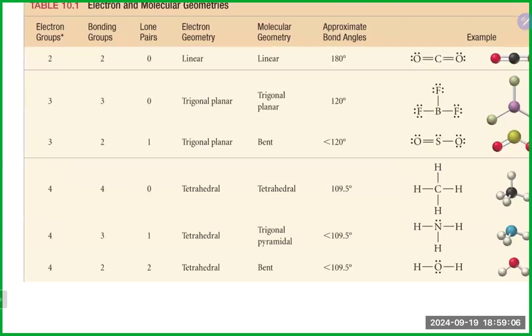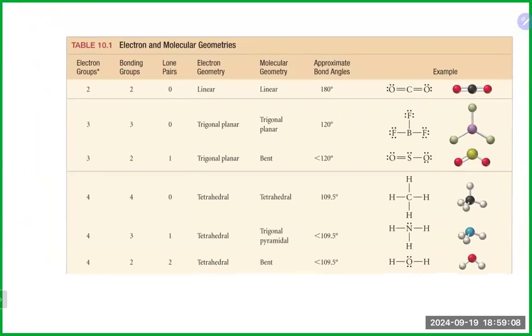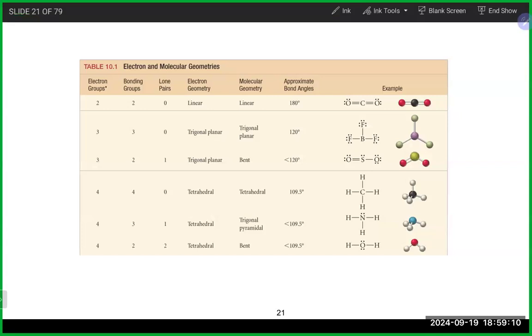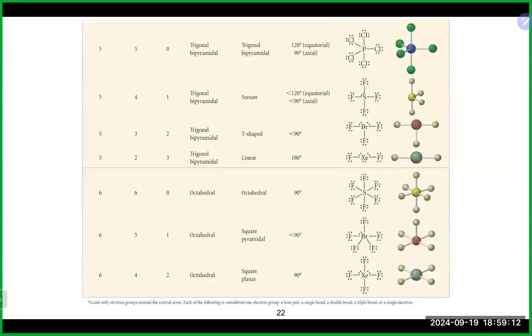Also, if you go on Canvas in the exam 2 module towards the bottom, it will say geometry and polarity updated. That's a big list of all the geometries we just talked about. That is probably the best way for everybody to remember it: just bite the bullet, electron pairs, bonds, and the names that go with them.